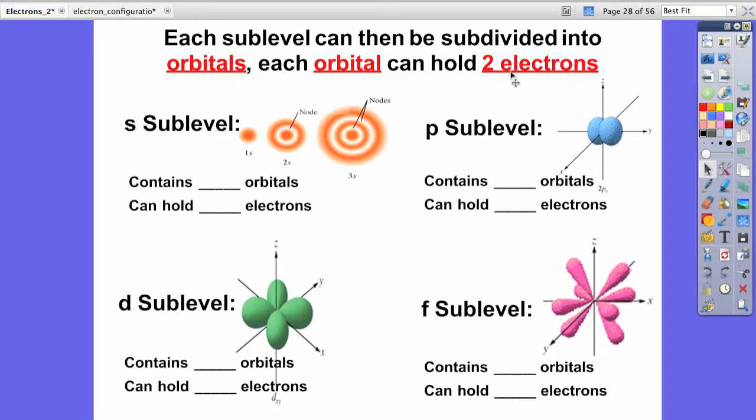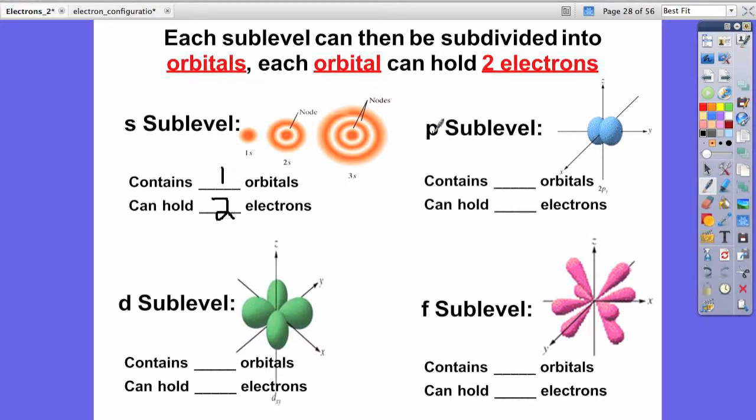So let's talk about this. The S sublevel contains a maximum of 2 electrons. So if it has a maximum of 2 electrons, it only has 1 orbital.